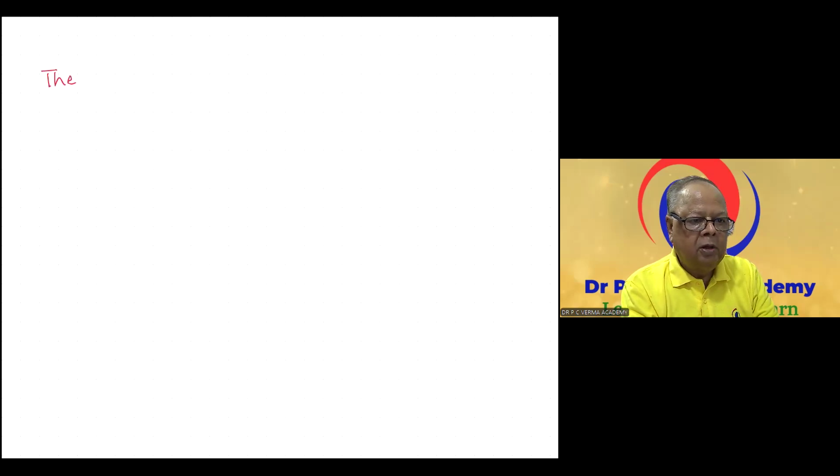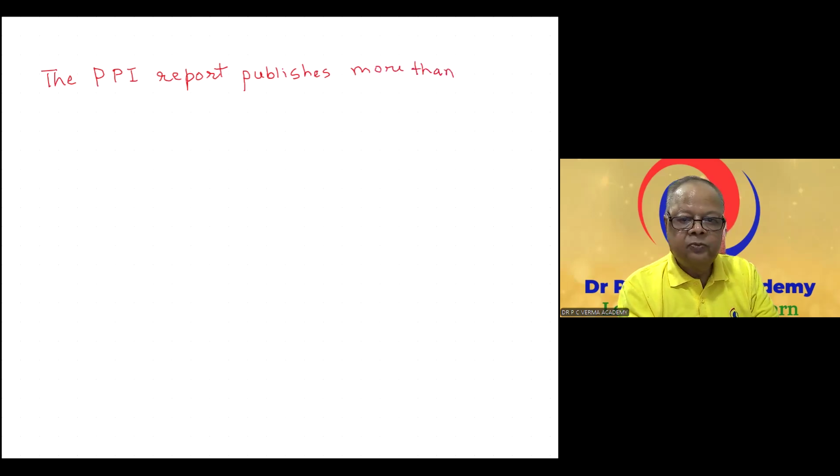The PPI report publishes more than 600 FDID indexes.